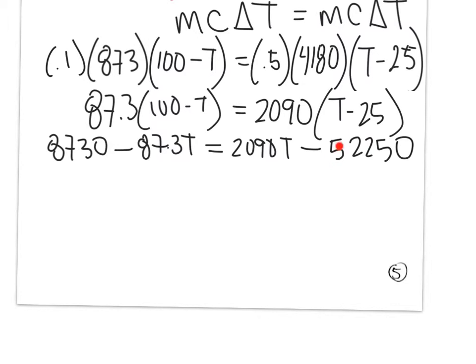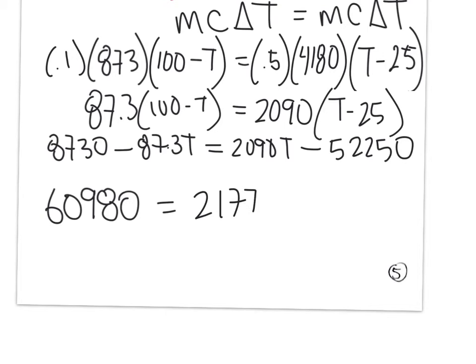Adding 8730 to both sides gives us 60980 equals, and then adding this many T's over to this side gives us 2090 plus 87.3, times T. And last step will be to divide both sides by 2177.3.